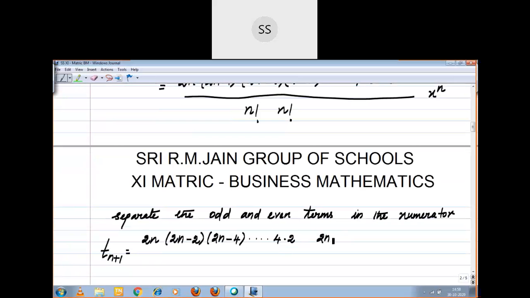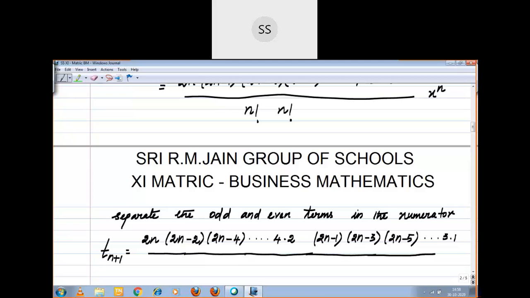Into 2n minus 4, that is even, etc. 4 into 2, this is your even terms. Then what should be the odd terms? 2n minus 1, 2n minus 3, 2n minus 5, etc. 3, 1. Got it, children?